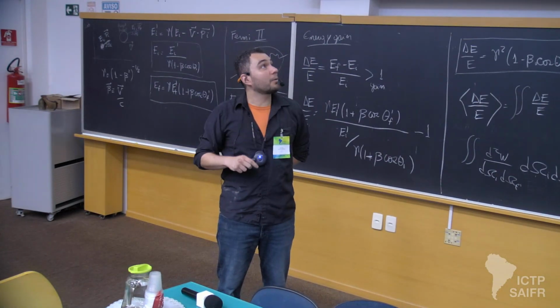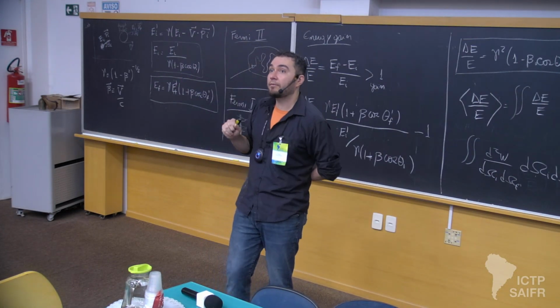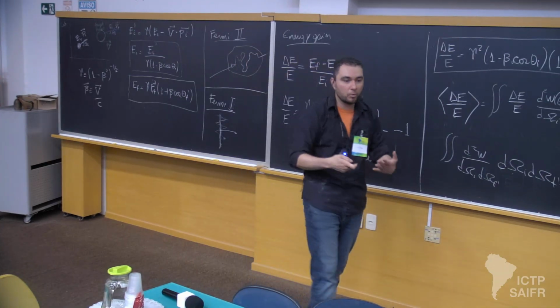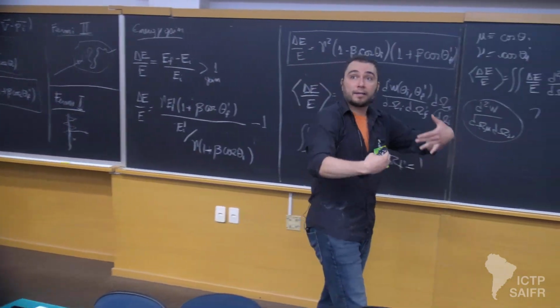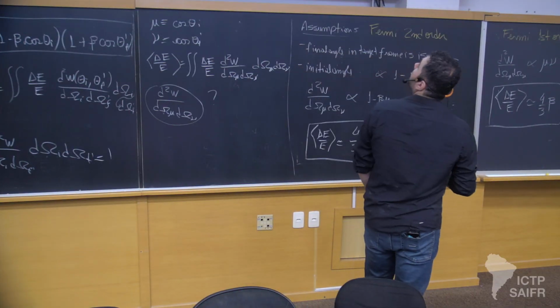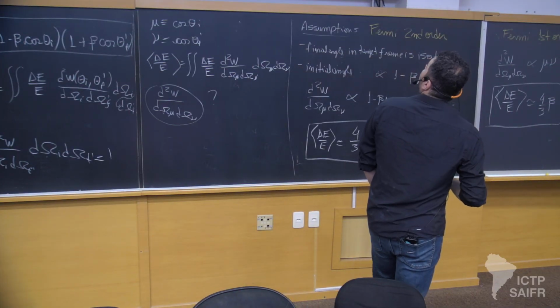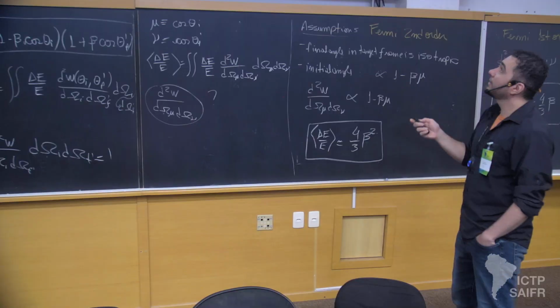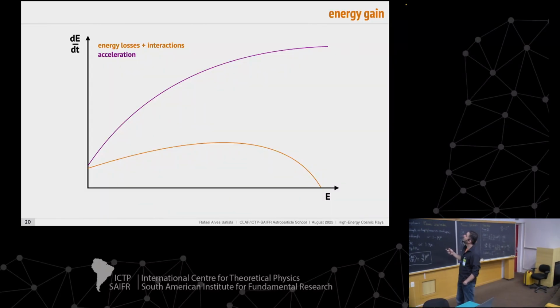So what are the requirements for acceleration? One of them we have already discussed, which is the geometrical constraint, like the Hillas criterion. There is another one, regarding the energy. Okay, so we have acceleration, and we have energy losses plus interactions. So we have acceleration, so this is good.